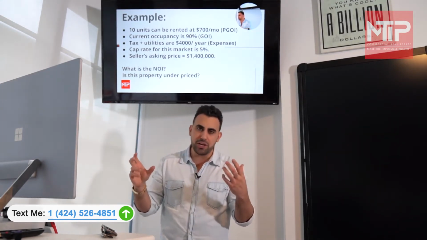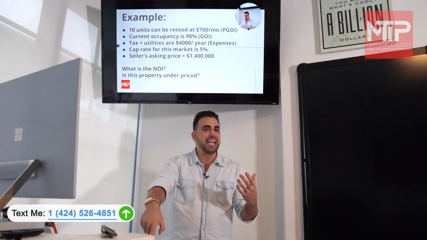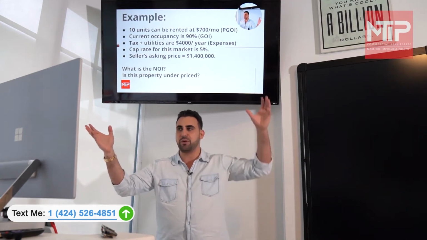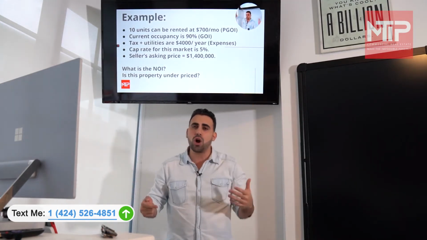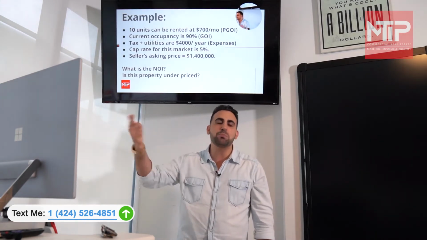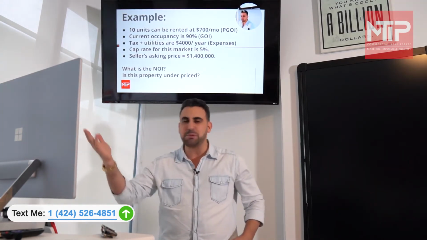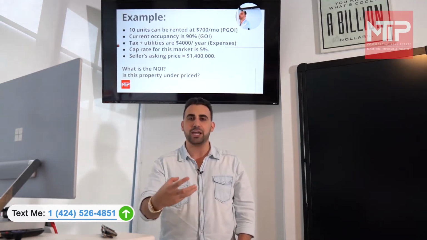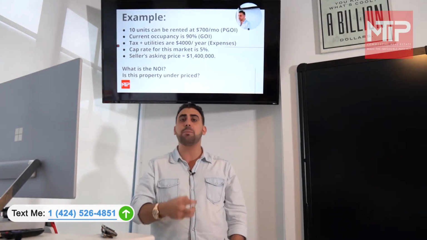You can do this two ways. You can take 10% of that 84,000, which is 8,400, and subtract it from your PGOI, or you can just say, okay, I know my PGOI is 84,000, I'll just multiply it by 90 cents on the dollar, 90% of it. That's what's actually occupied to get my GOI, gross operating income, the actual income being produced.